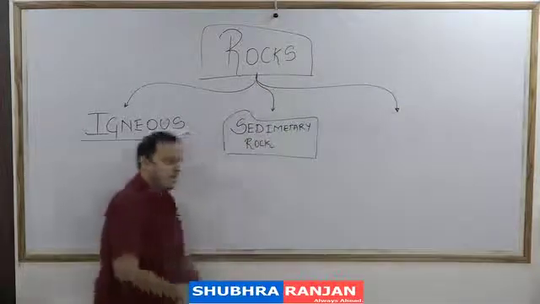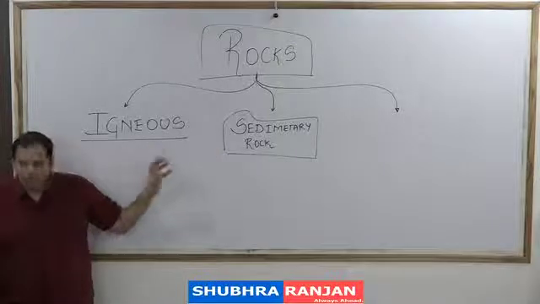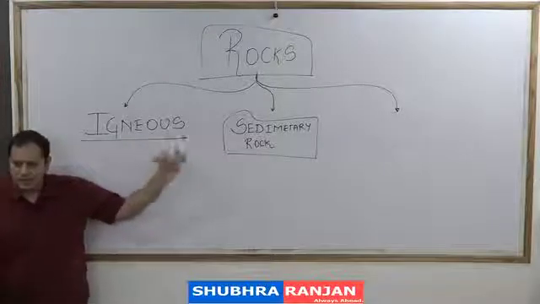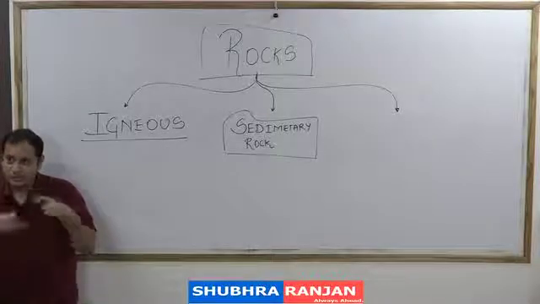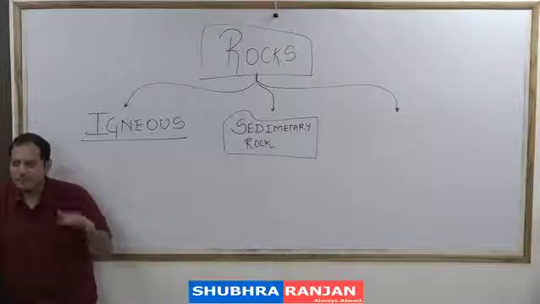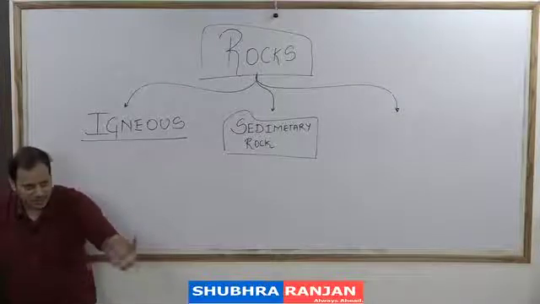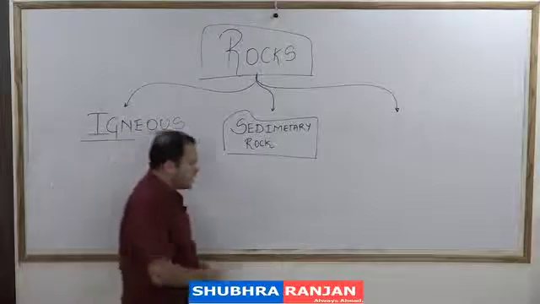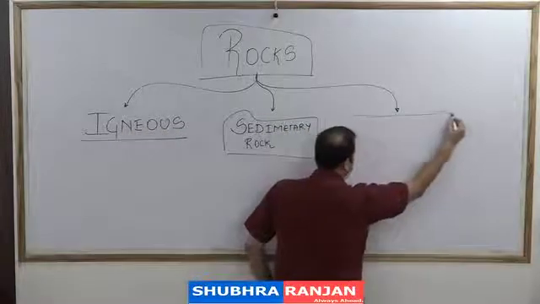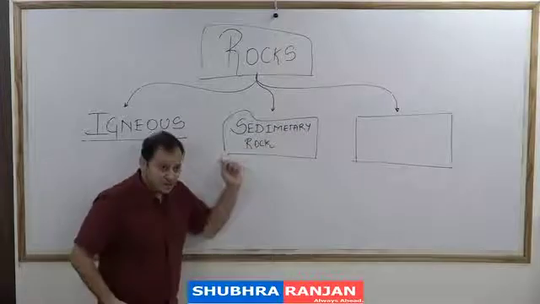Third kind of rock is any of this original rock. It can be an igneous rock, it can be a sedimentary rock, undergo sudden change. So change मतलब metamorphism. What do you mean by English word metamorphism? Means transformation or change. But this rock changes without breaking. अगर वो break हो जाता है, तो it would have been a sedimentary rock.